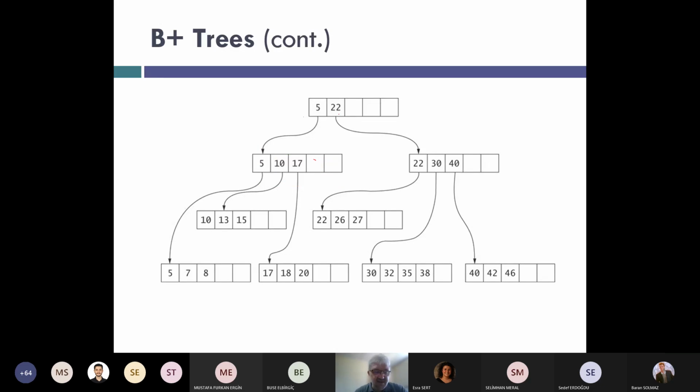So B plus tree has a little difference over B tree, and it makes use of the data space in secondary memory more efficiently. So it is often used to store the database values in the database indexes, actually, in the secondary storage.